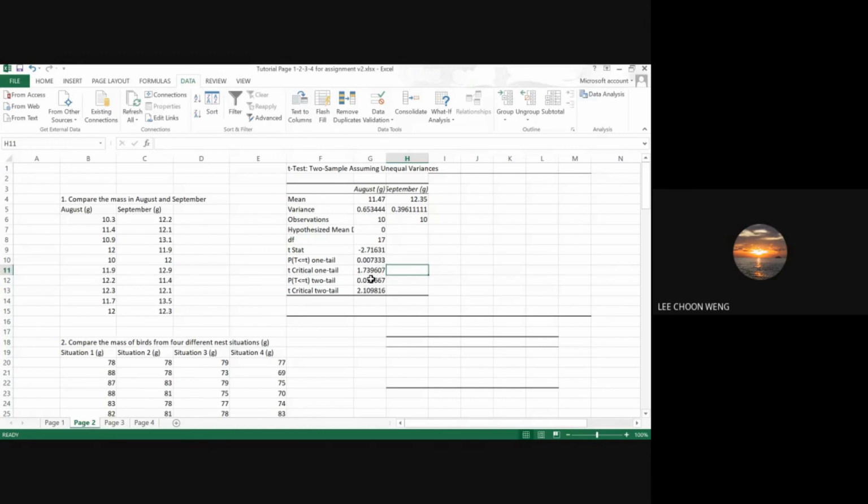So we always stick to two tail. So the T stat here is higher than the T critical at two tail. That's why our P is less than 0.05. That means there is a significant difference between the mass measured in August versus the mass measured in September.